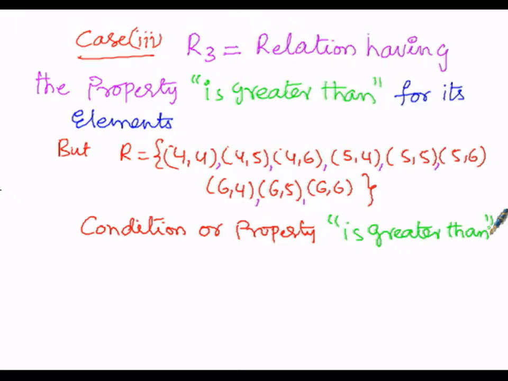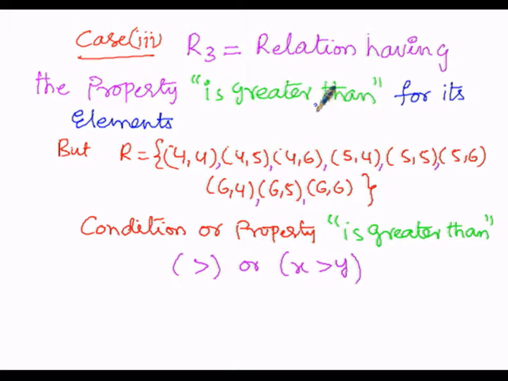Mathematically we can write it with the greater than symbol, or in other words it implies that the first coordinate must be greater than the second coordinate, that is the x coordinate must be greater than the y coordinate. So let us choose the coordinates in such a manner that the first coordinate is greater than the second in order to write the relation R3.